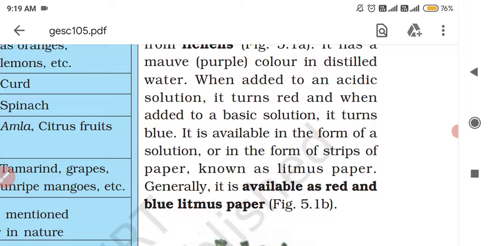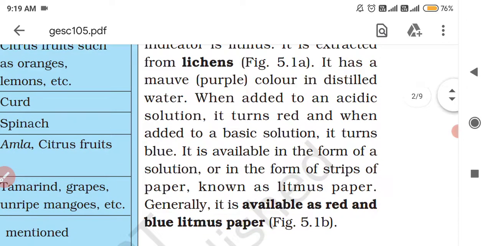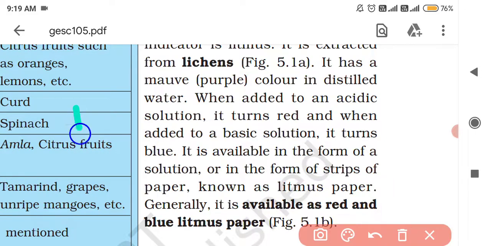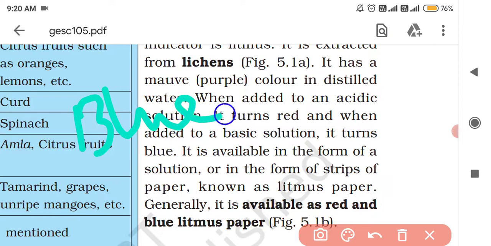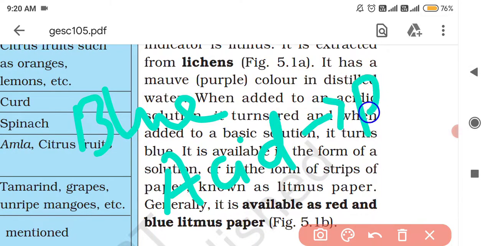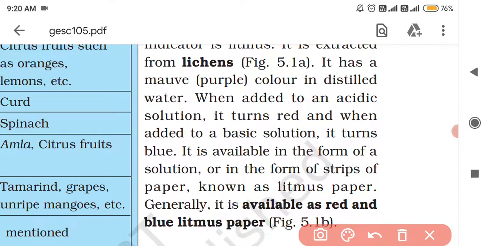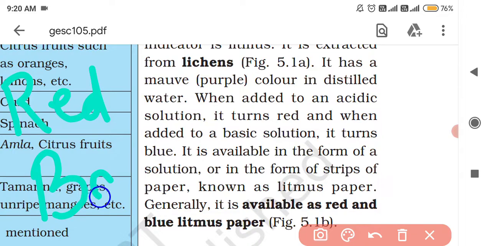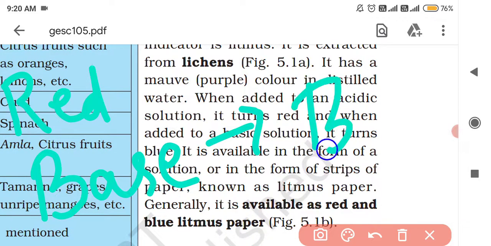Only blue litmus added to acid changes to red, and only red litmus added to a base changes to blue.